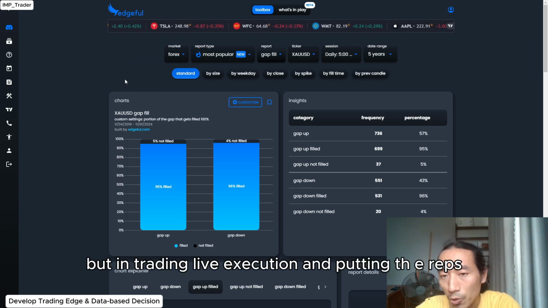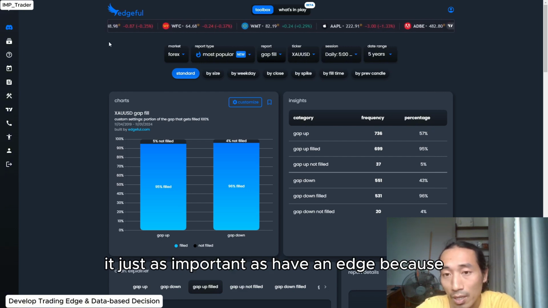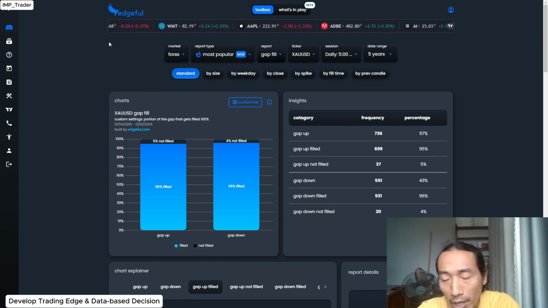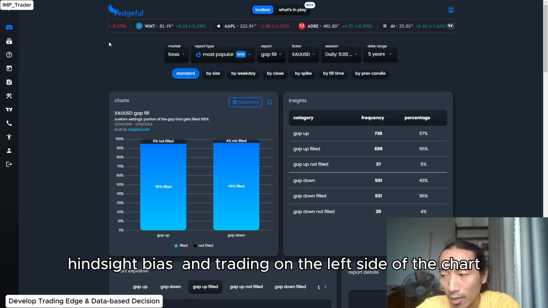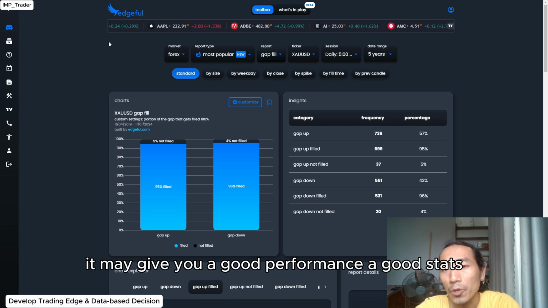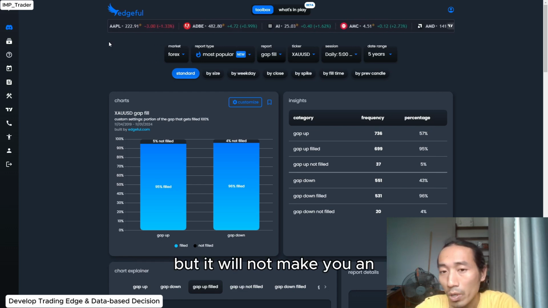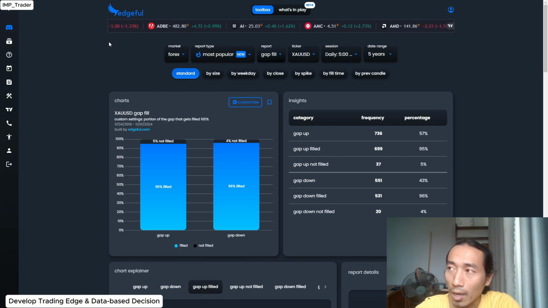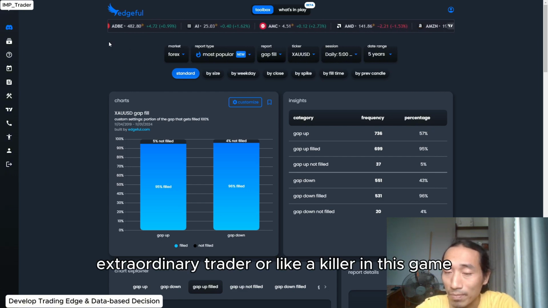What I mean is sometimes we think the more we know, the better. But in trading, alignment of execution and putting in the reps is just as important as having an edge. Because hindsight bias and trading on the left side of the chart may give you a good performance, a good statistic, but it will not make you an extraordinary trader or a killer in this game.